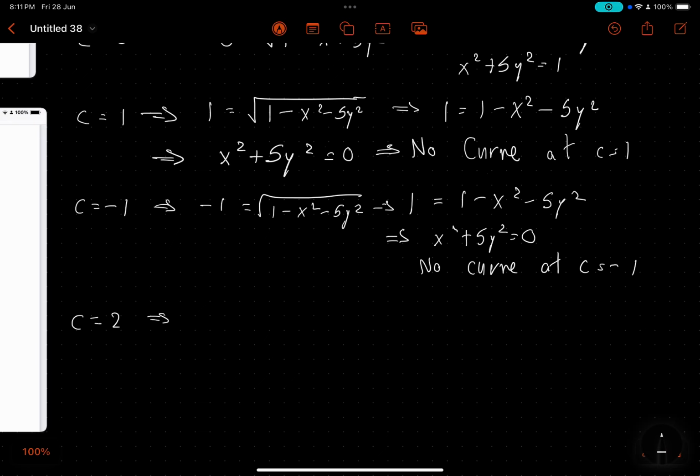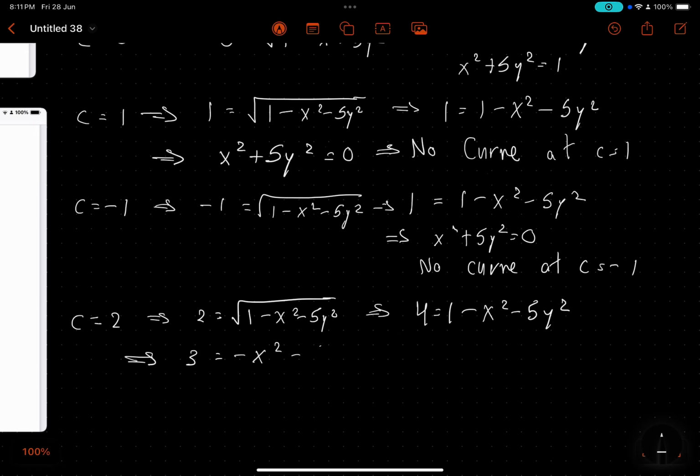This should give us something. 4 equals 1 minus x squared minus 5y squared, and then we're going to have 3 equals negative x squared minus 5y squared, or minus 3 equals x squared plus 5y squared.